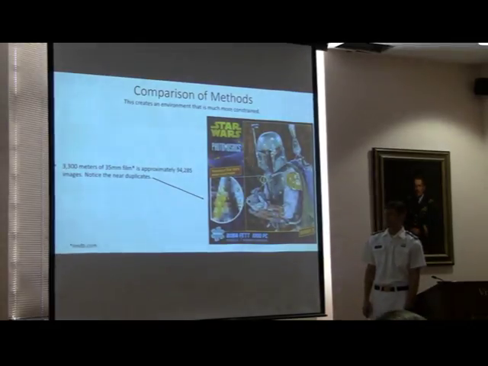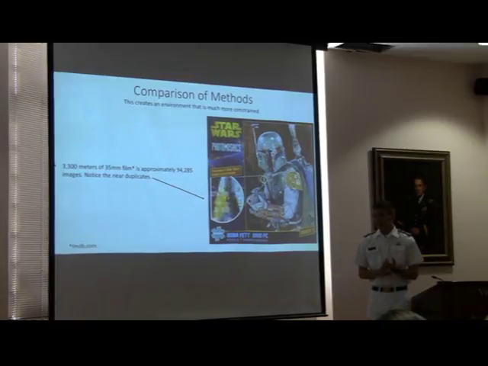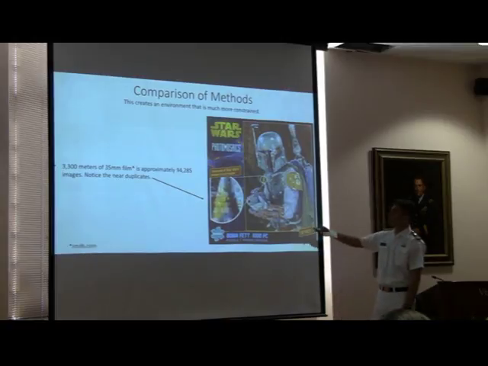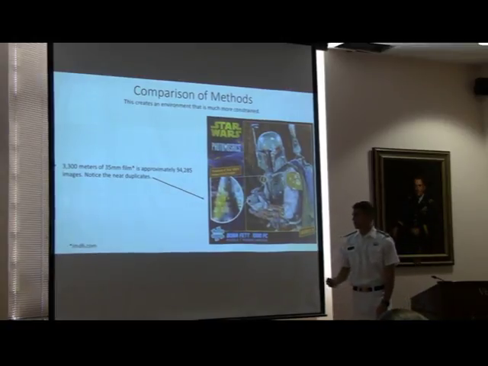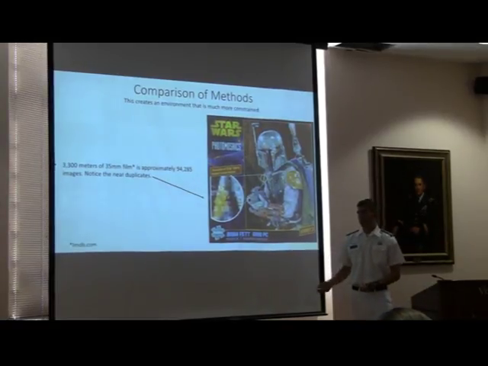Comparison of methods. Now, this environment is only around 4,000 pictures. If you look at the Star Wars photo mosaic, you can see that they have a huge pool of images to pick from.